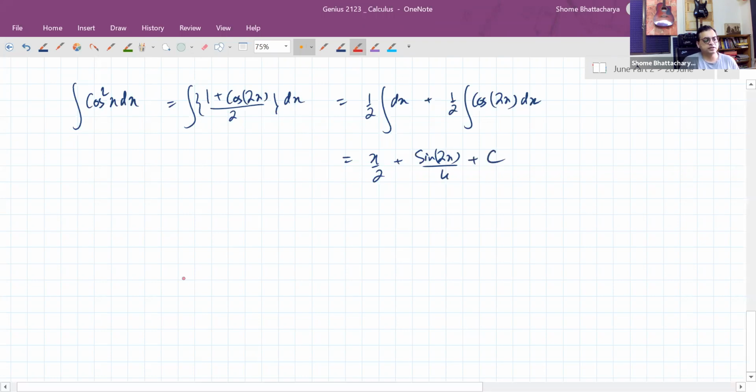And you can again check that if you differentiate the antiderivative, you should get the original function.